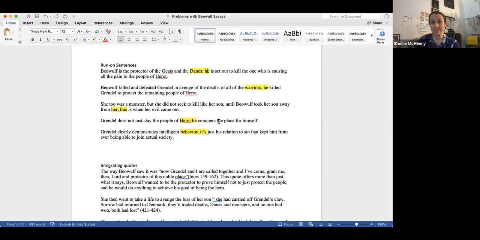These are two complete sentences, but we could say, comma, but he also. If we add a conjunction there, we now have a compound sentence, same statement, written well, which elevates your writing. So run-on sentences, we need to get those out of our writing.